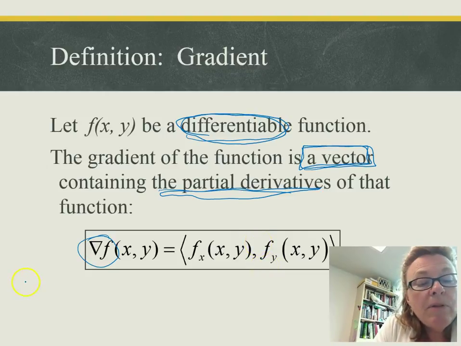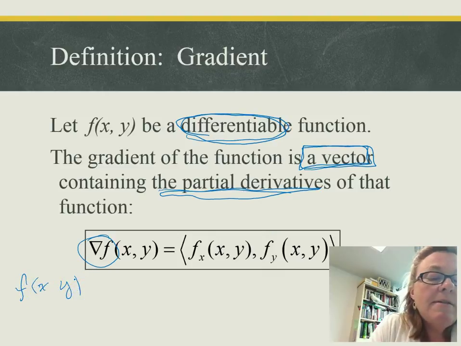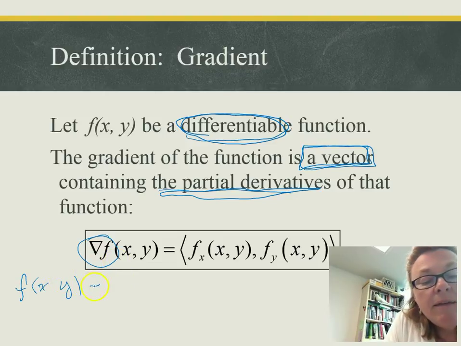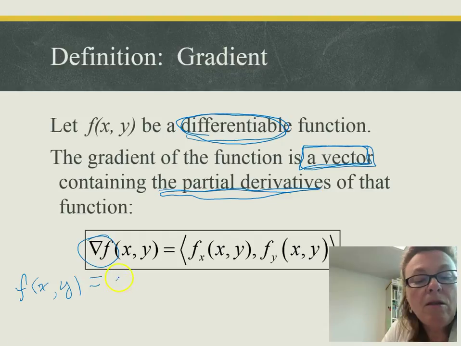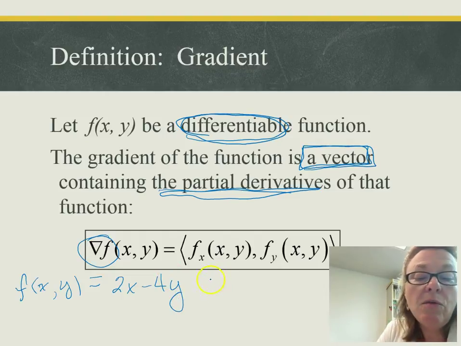So for example, if I had a function f of x and y equal to something like 2x minus 4y, then I can find the gradient of that function.